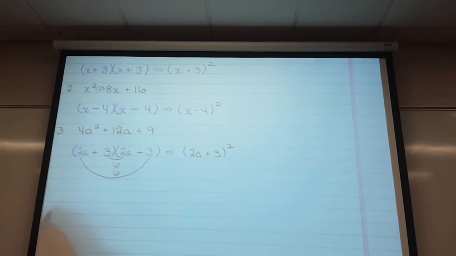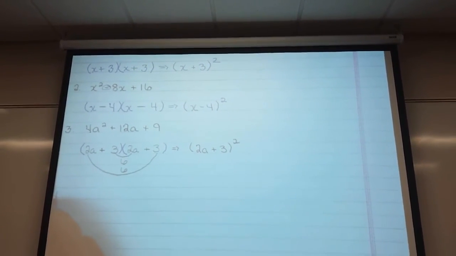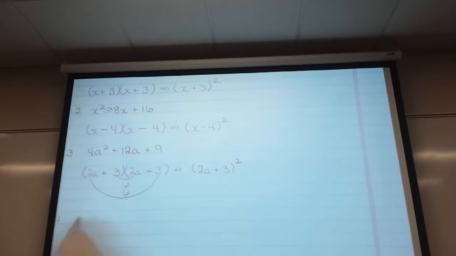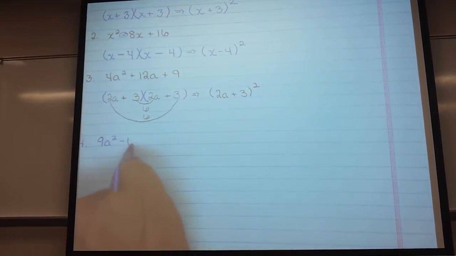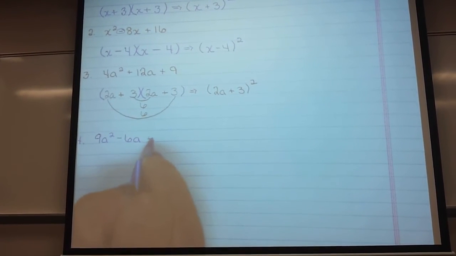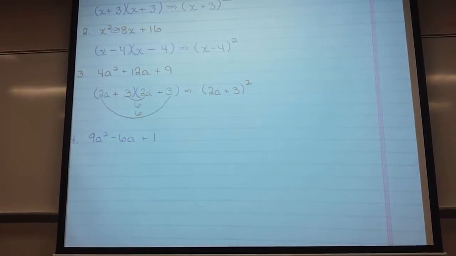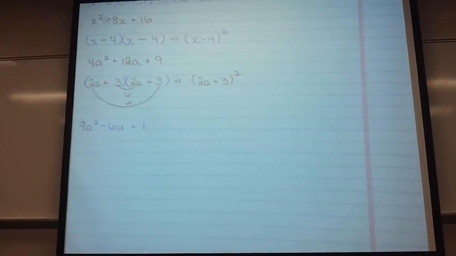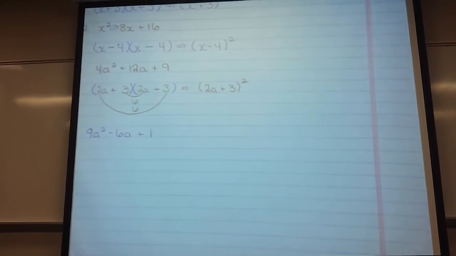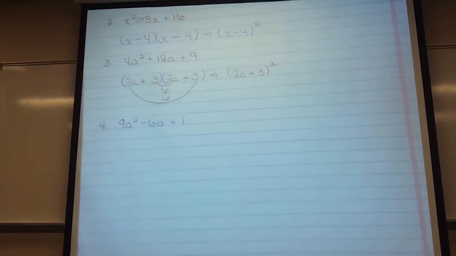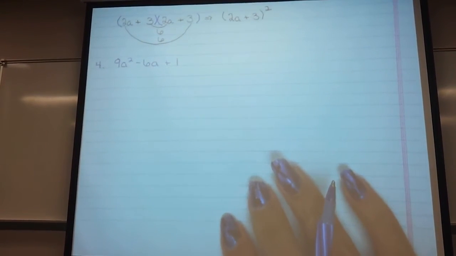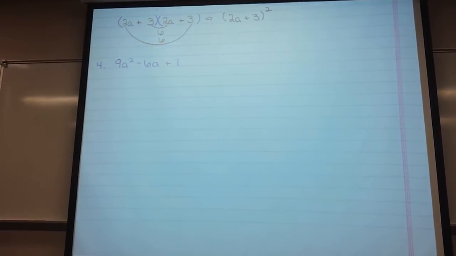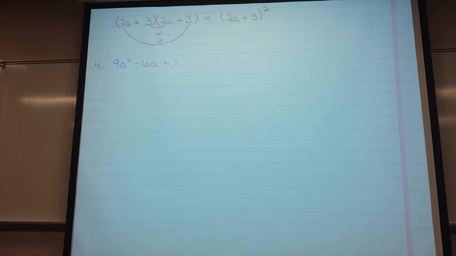Give you another easy one. 9a squared minus 6a plus 1. See if you can try it. Then you'll start with your 2 sets of parentheses.